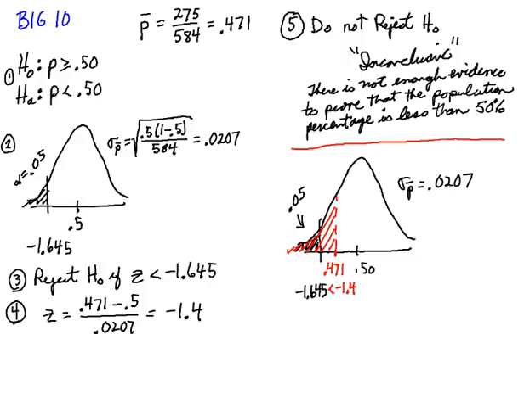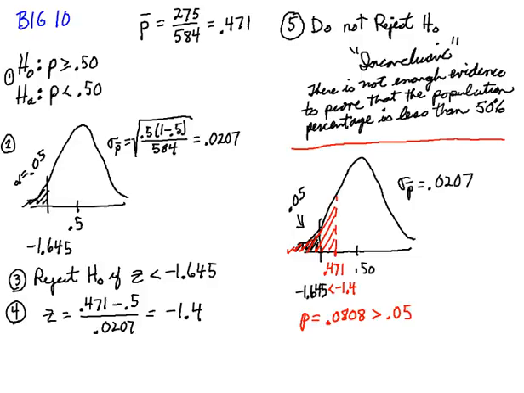And to do that, we will look up -1.4 to get that our p-value is going to be 0.0808. And that is greater than the risk that we were willing to take at 0.05.